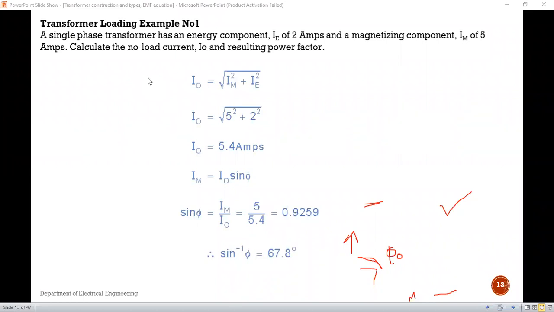Calculate the no load current I0 and resulting power factor.